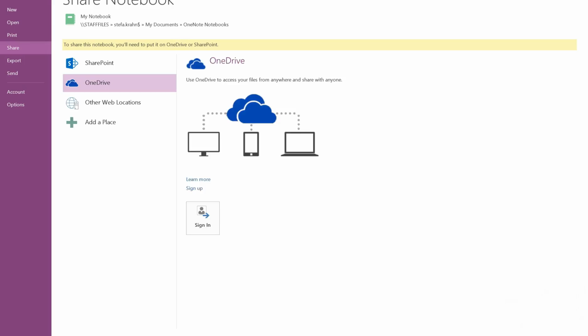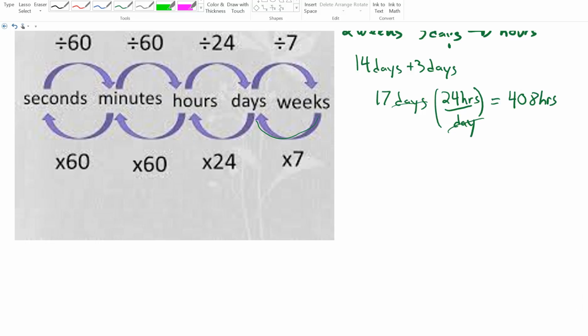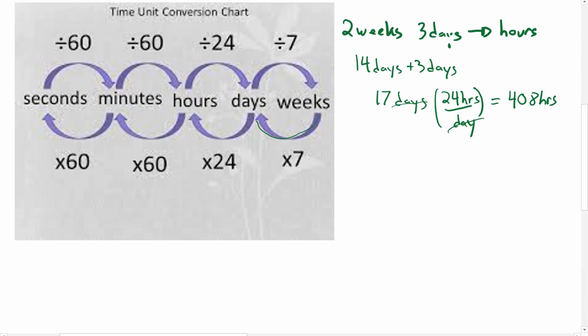Let's try another one: 1 hour 15 minutes into seconds. Here I know 1 hour is 60 minutes, so this is 60 minutes plus 15 minutes.